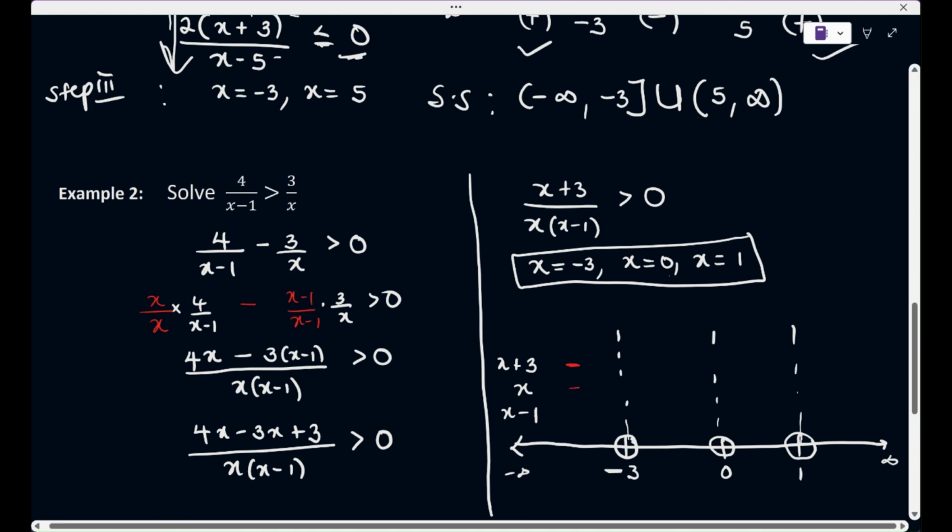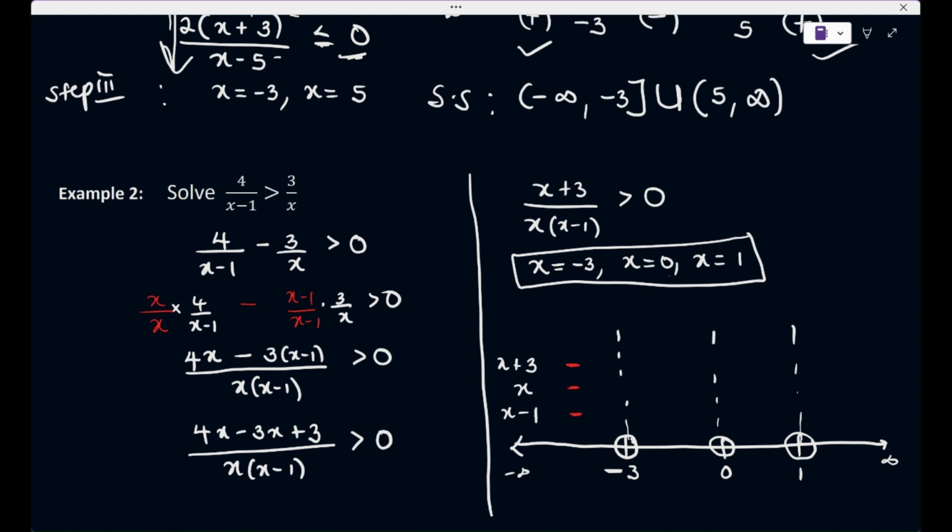X is minus. Minus 4 minus 1 is also negative. So this will result to what? Negative. Because why is it negative? This will be minus. If x is minus, you have minus here, minus here. So you have a negative number divided by a positive number.